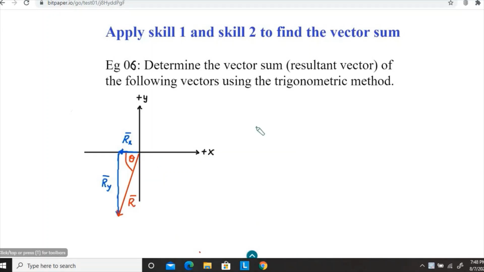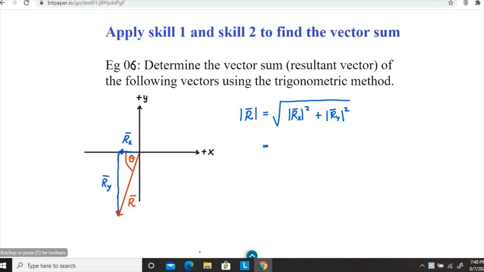Now finally we are ready to apply the expressions and figure out some numbers. The magnitude of the resultant vector, as you know, can be obtained by taking the square root of the magnitude of Rx squared plus the magnitude of Ry squared.